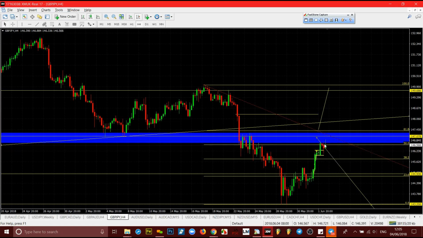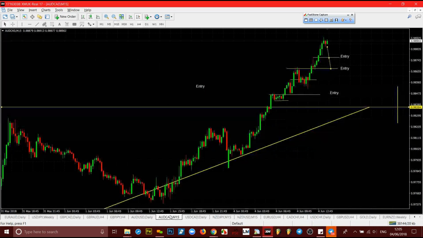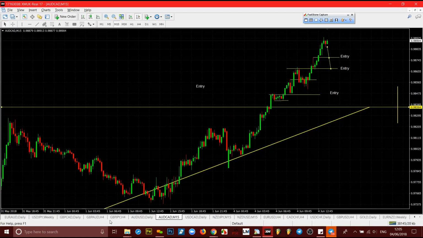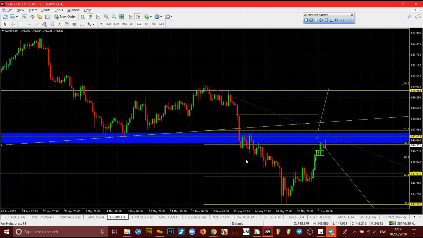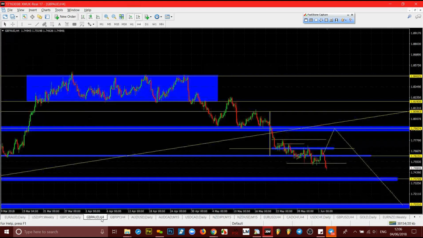If not, then it's going to break that and get to the 61 level, which is, remember again, structure creating that low, the opposite direction of what we saw. So it broke it, came back to the previous low, and then it's coming down.